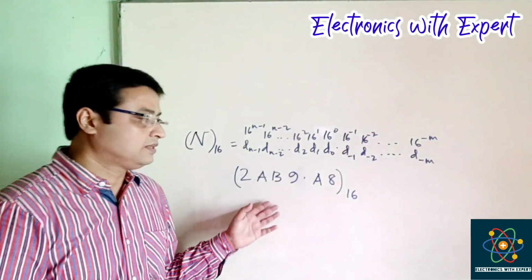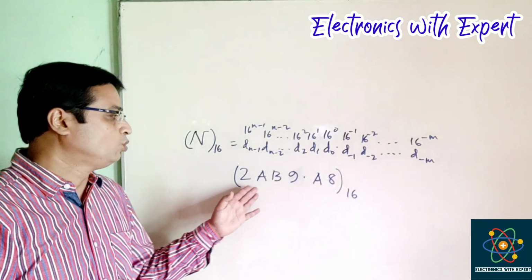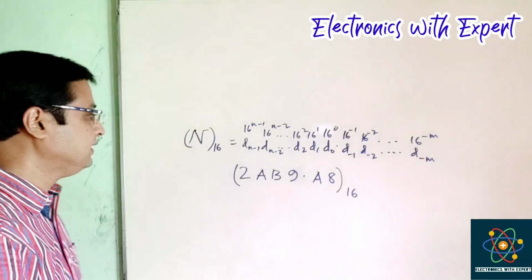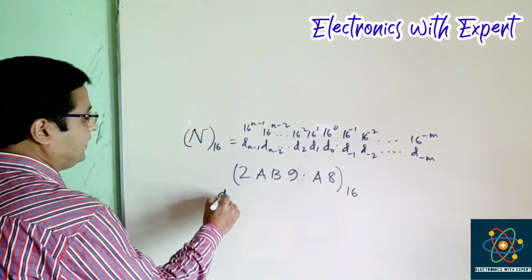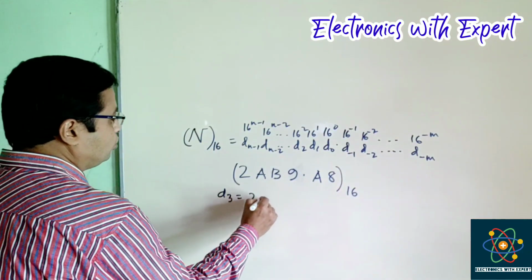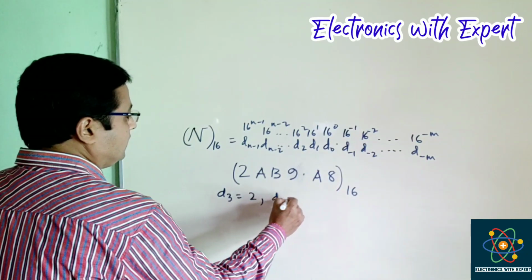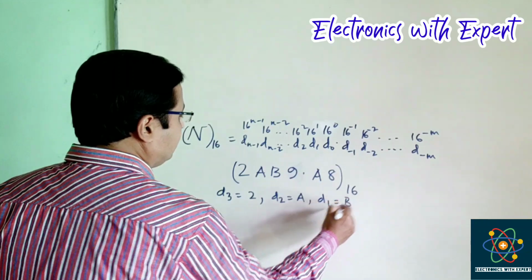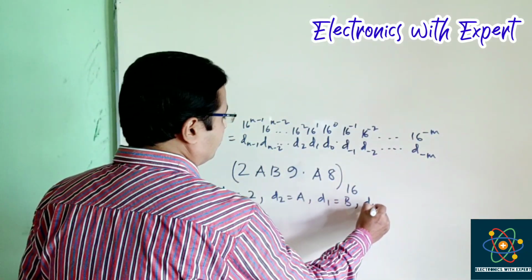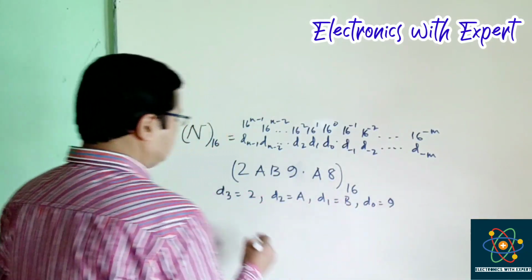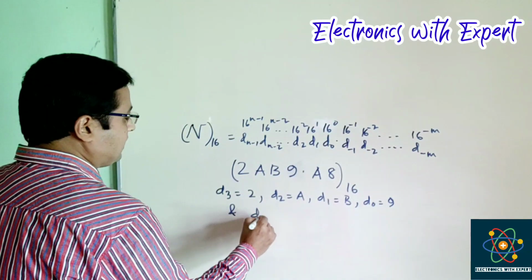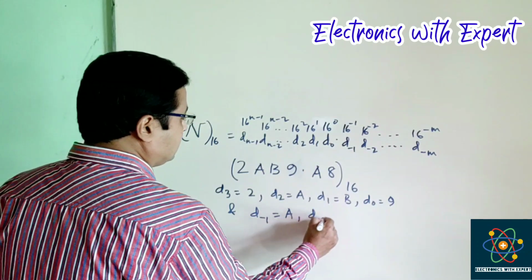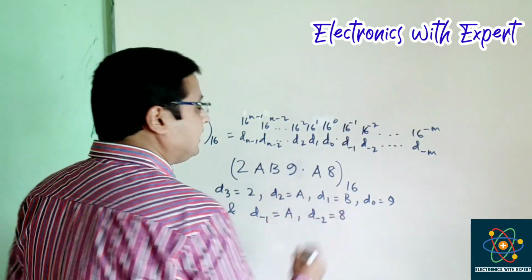Now let us convert this hexadecimal number 2AB9.A8. So here in this example D3 is 2, D2 is A, D1 is B, D0 is 9 and D-1 again A and D-2 is 8.